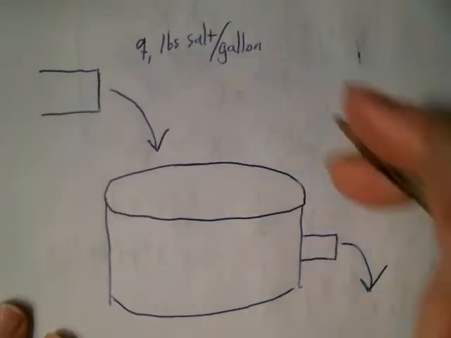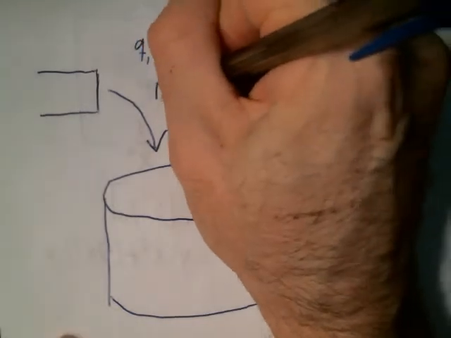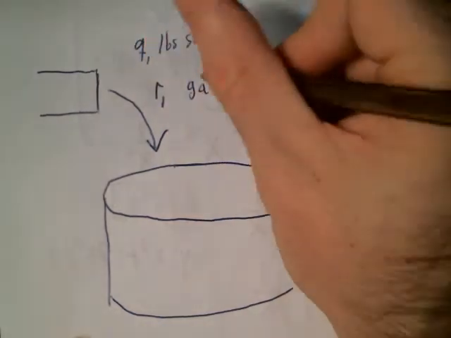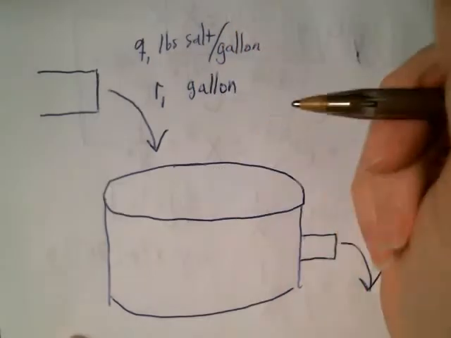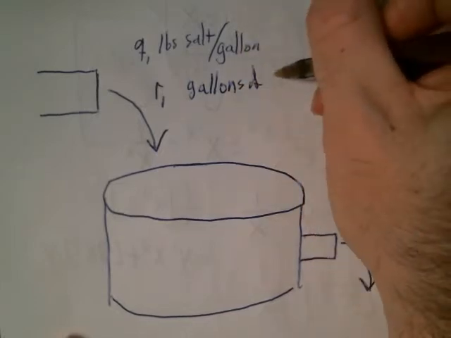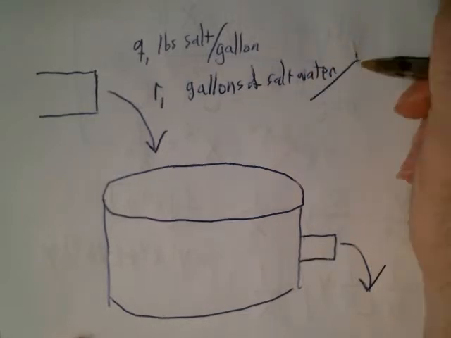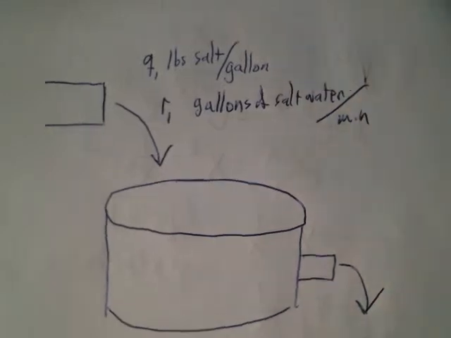And then we'll say R1 is the gallons of the saltwater solution that's going into the tank per unit of time. We'll say minutes.